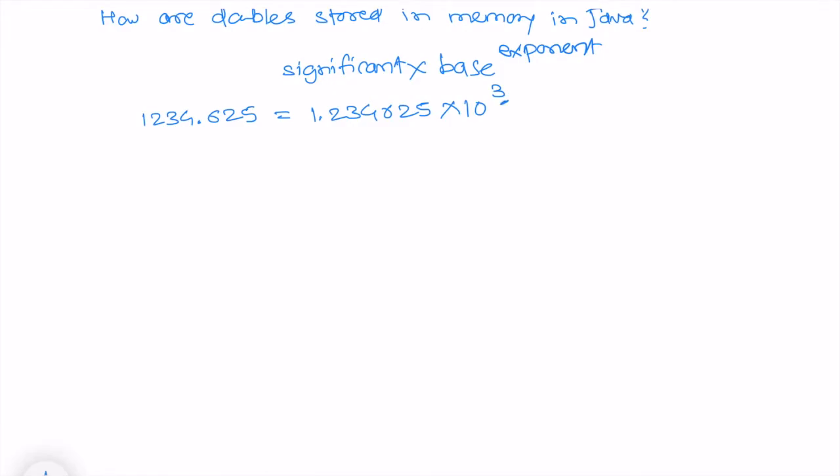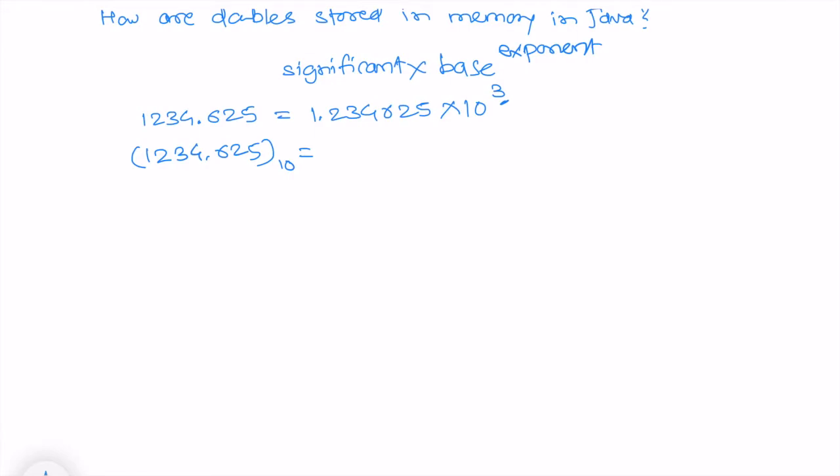For that, we had to move the decimal point 3 places, and therefore the exponent is 3. This is in the decimal system. Now let's convert this to the binary system. There is another video about how to convert fractions from decimal to binary; it should be somewhere on the screen, or you can find the link in the description.